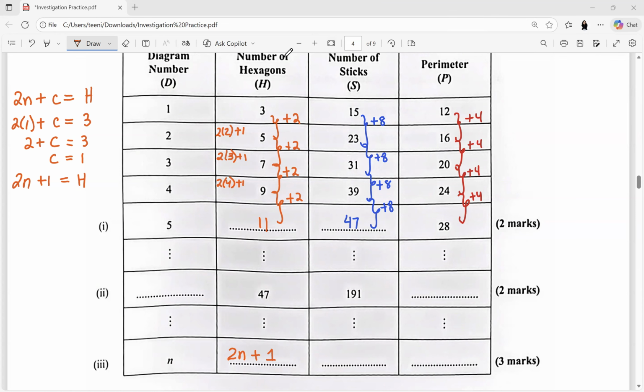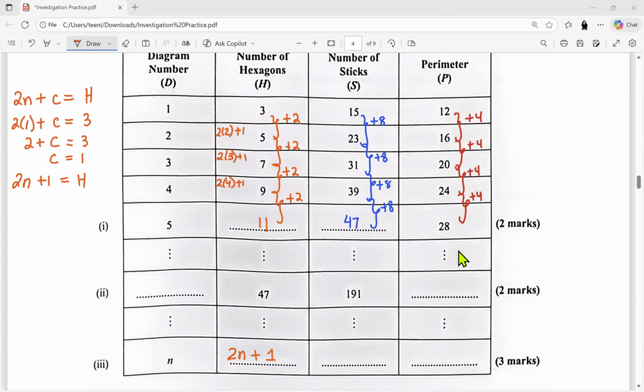So you'll have 71 hexagons in the 35th diagram. Genesis, you there? Yeah. What about if the diagram number was 20? How many hexagons will I have? 41. Correct. How you got it? 2 by 20 plus 1. Correct.